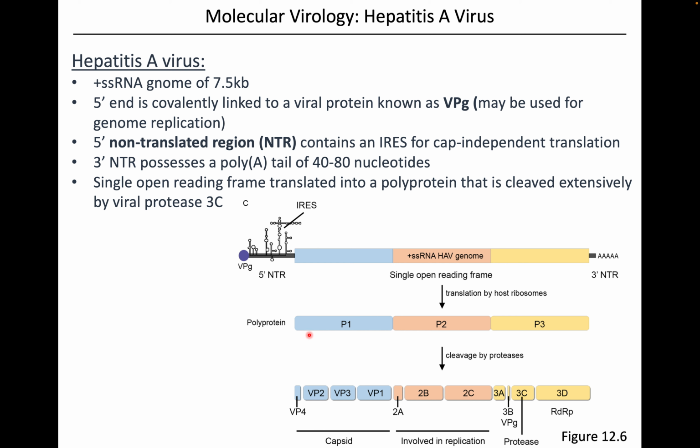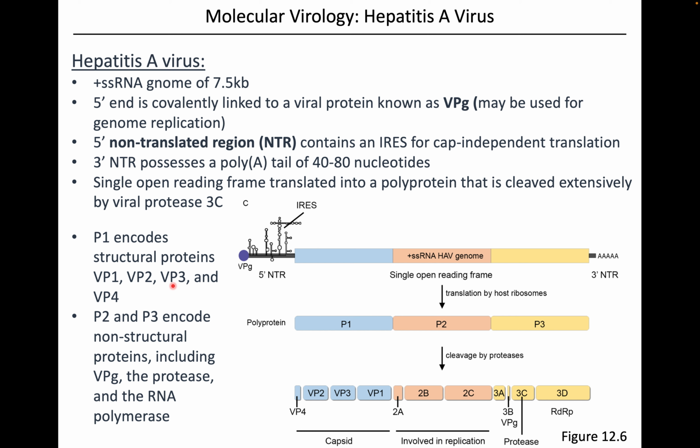But as I was saying, this will get translated into one long polypeptide, and then proteases are going to cleave that into all these individual proteins. So this is pretty common. We'll see this come back with hepatitis C, but also with other viruses this semester.